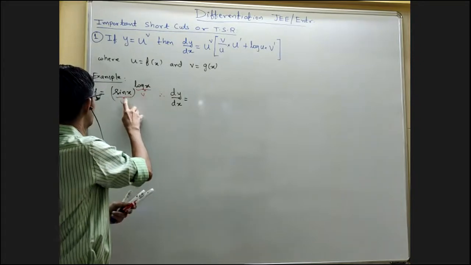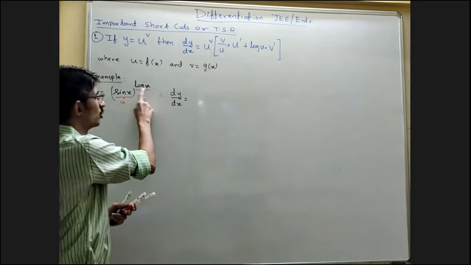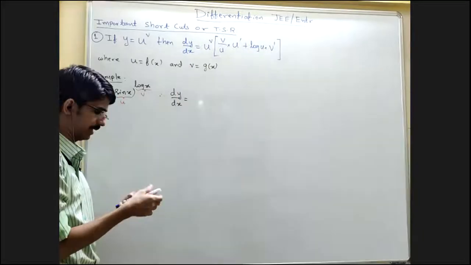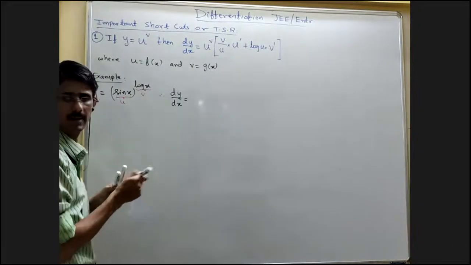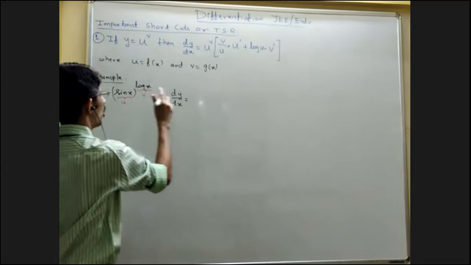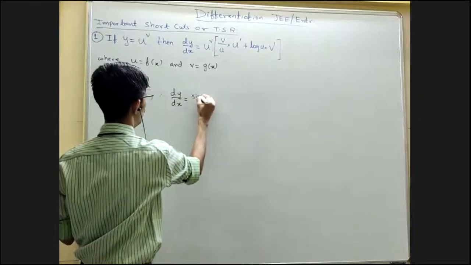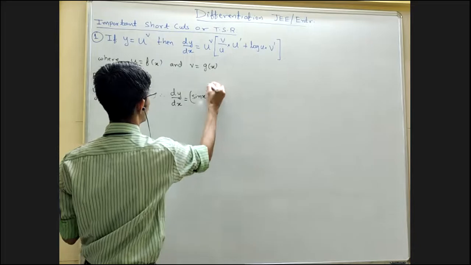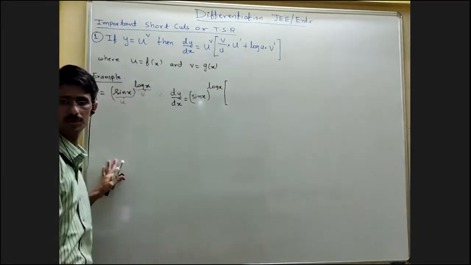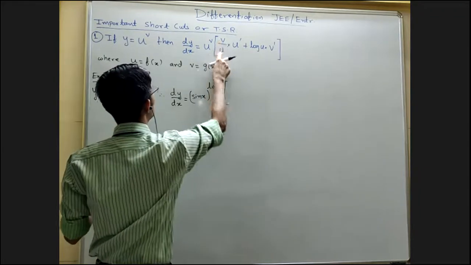अब हम क्या करेंगे, u is sin x, v is log x. ये u और v हम यहाँ पे सब्स्टिट्यूट करेंगे. So therefore dy by dx is equal to what? U raised to v. So sin x raised to log x, देखो this will be equal to sin x to the power log x bracket v by u.